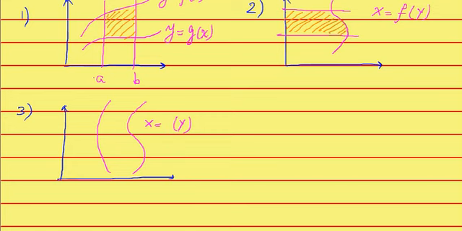Change this thing back to, and this one x as some other function of y. And traditionally we use a and b for the x-axis and c and d for the y-axis here. It doesn't matter what you call them.